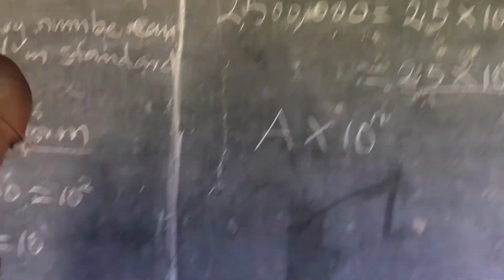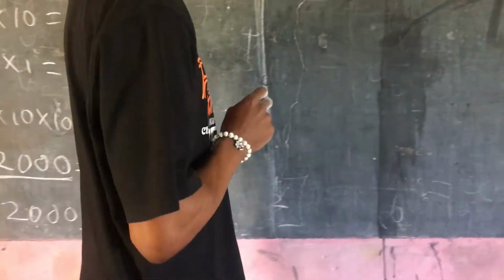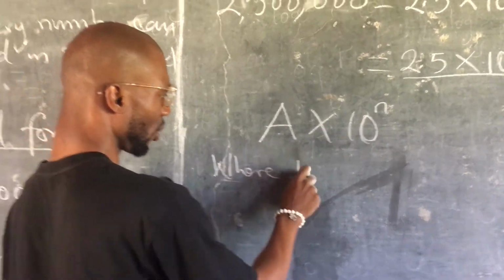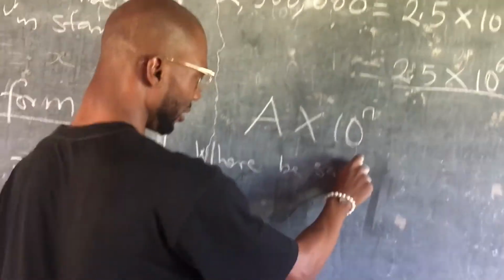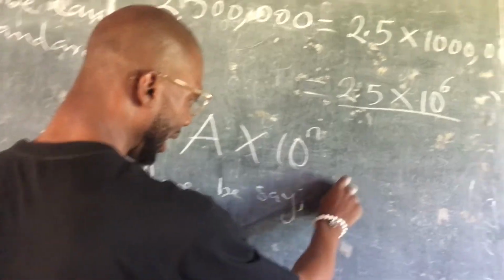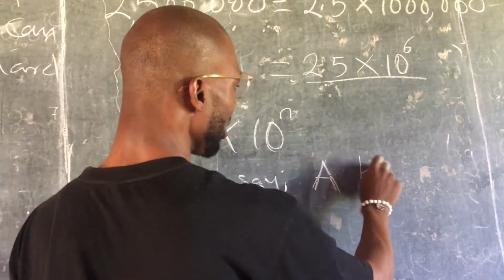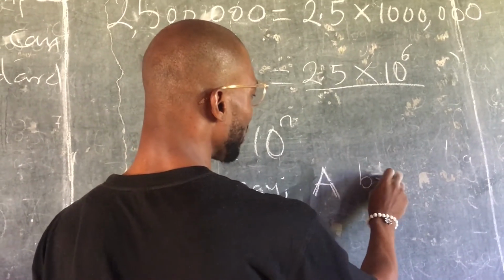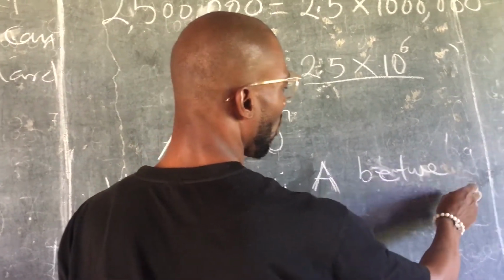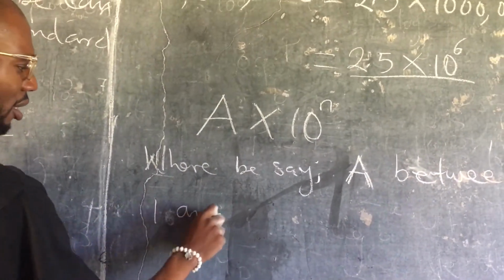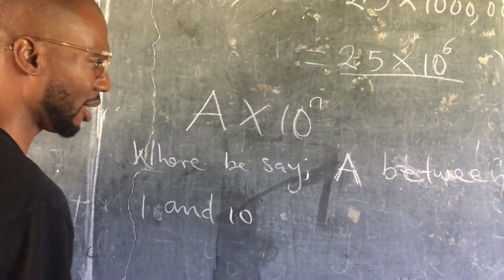If we check these two numbers I have expressed as a product of two terms, A is between 1 and 10. What do you mean?